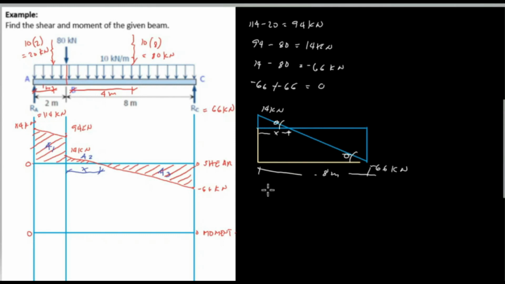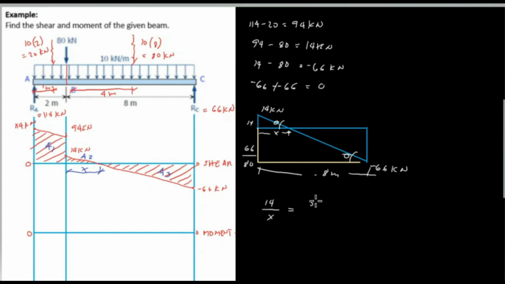The ratio and proportion of the small triangle and the big triangle: we have the height, which is 14 for the small triangle, over x, the base, is equal to the big triangle, this one, and the height is the total length of 14 plus 66, or a total of 80.